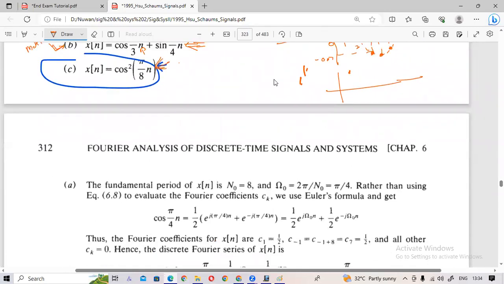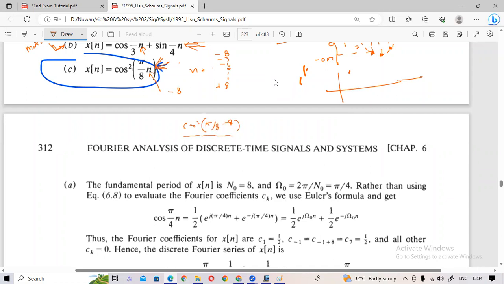Let's say that n you are selecting from -8 to +8 or something: -8, -7, -6, 0, 1, 2, 3, 4, like this. So you can add some n value here. For example, if you consider -8, you have cos square 5/8 times -8.